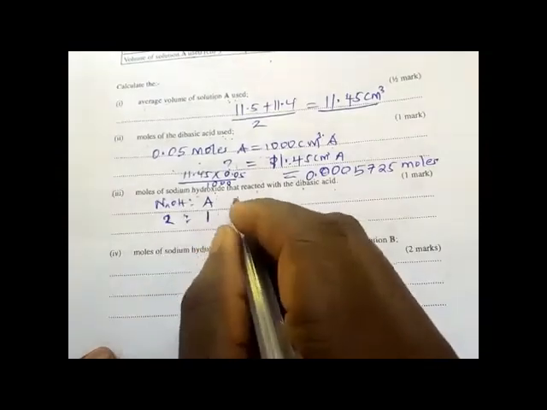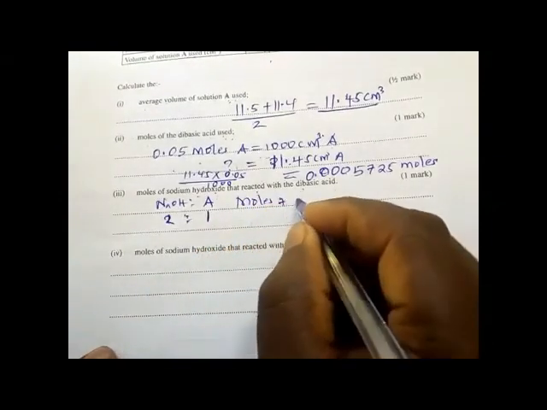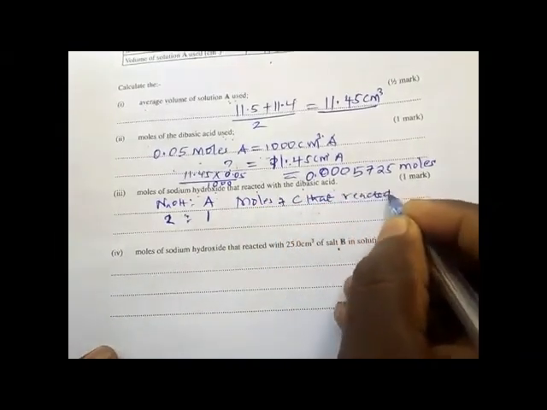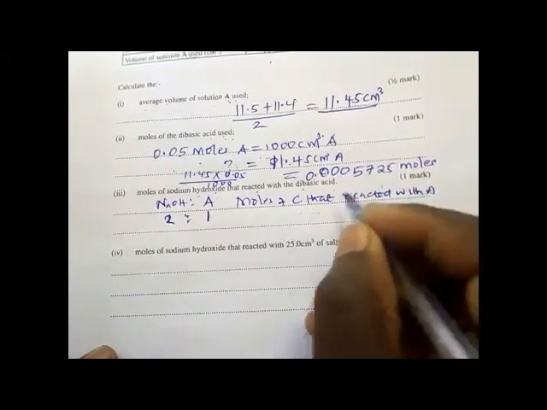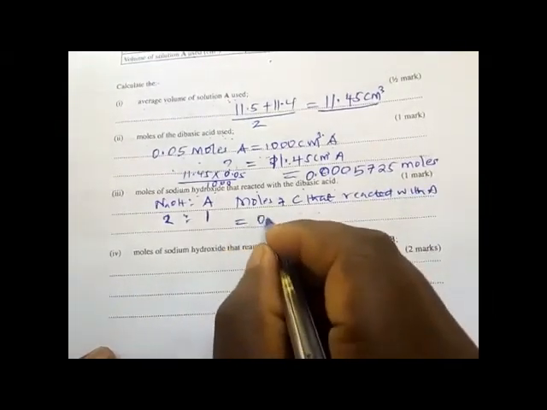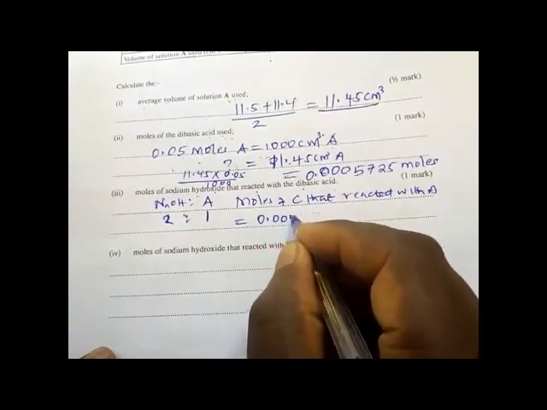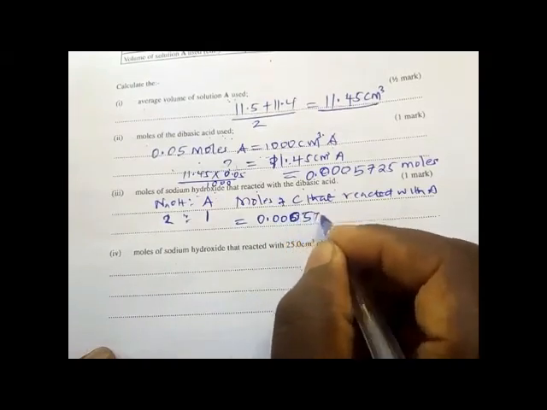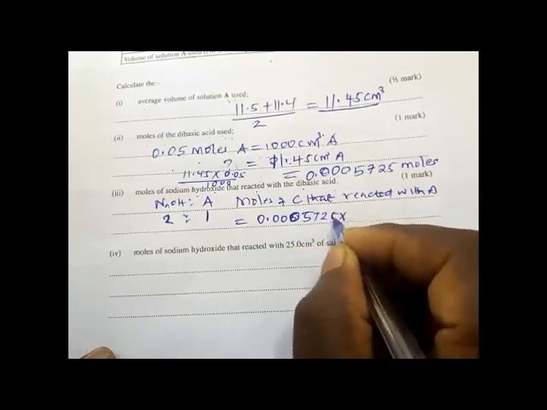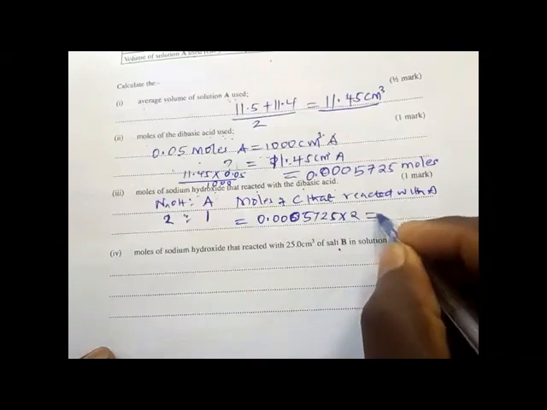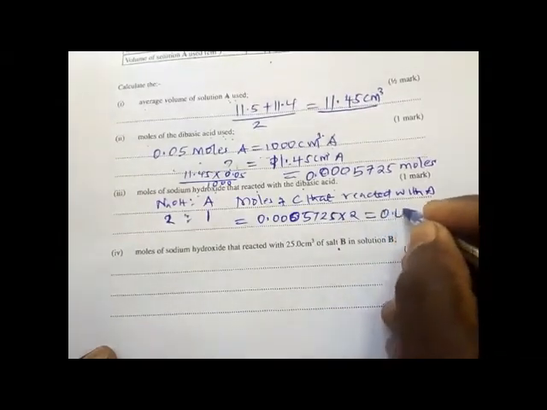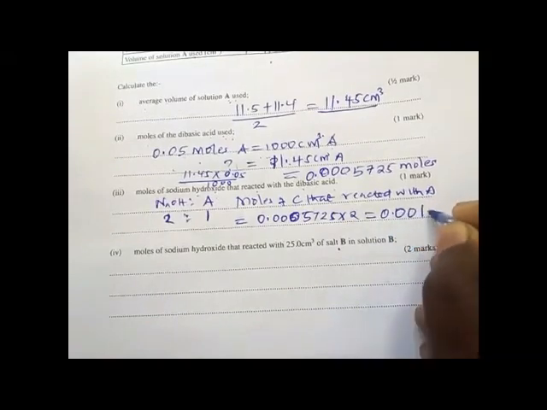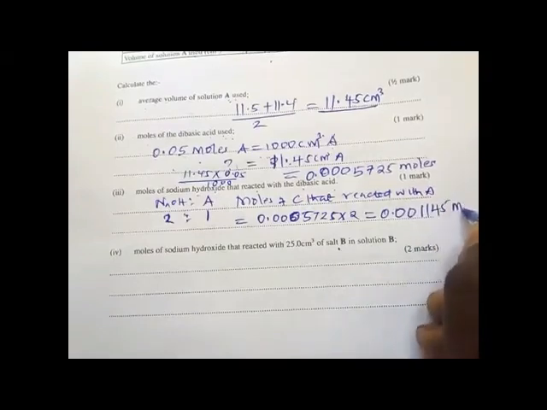So moles of C that reacted with A will be equal to 0.0005725 times 2, which will be equal to 0.001145 moles.